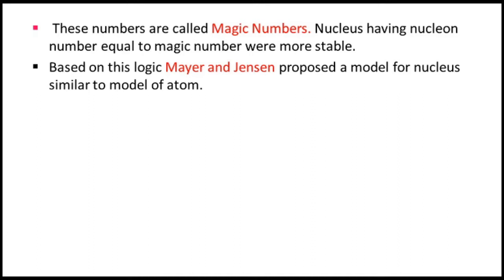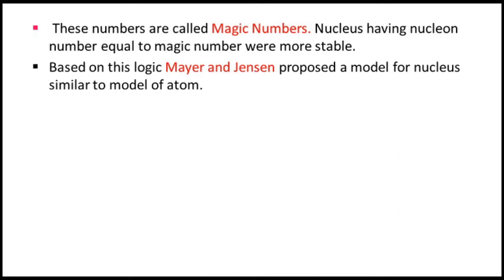We have certain nucleus where the number of nucleons present, that is 2, 8, 20, 28, is equal to the magic number. Such nucleus are more stable.